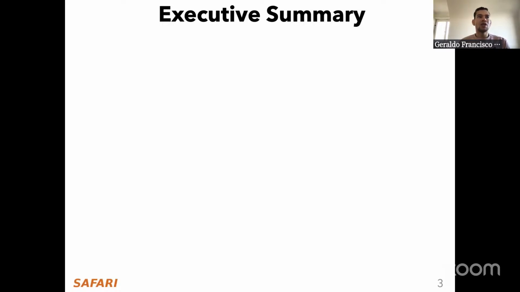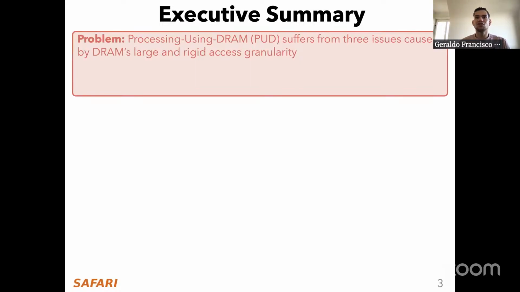So as we saw last week, processing using DRAM architectures are quite efficient to alleviate data movement bottlenecks. In particular, processing using DRAM architectures utilize the analog operating principles of DRAM cells themselves to do computation.